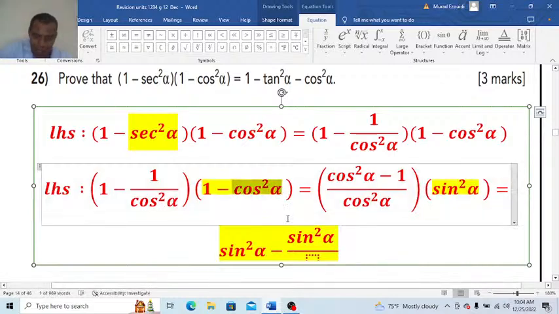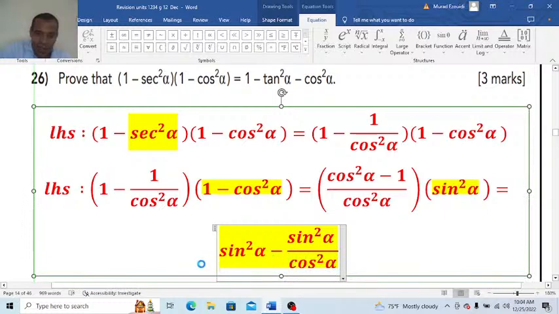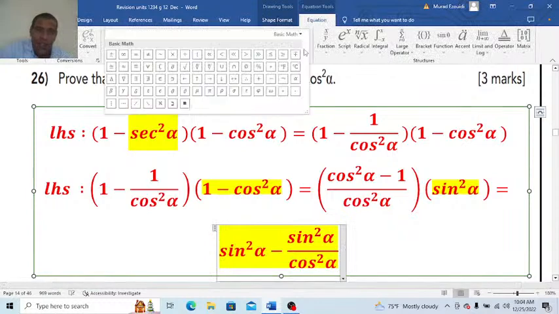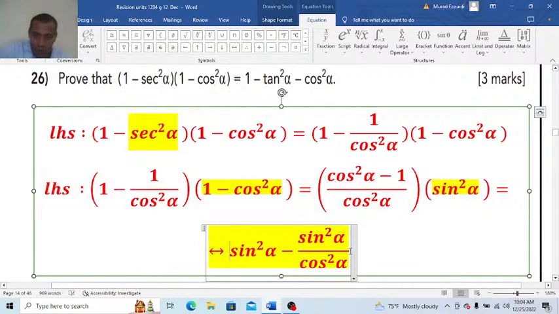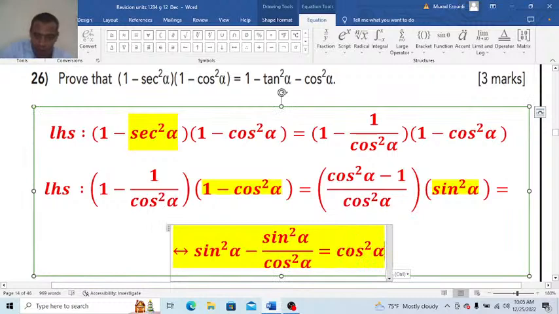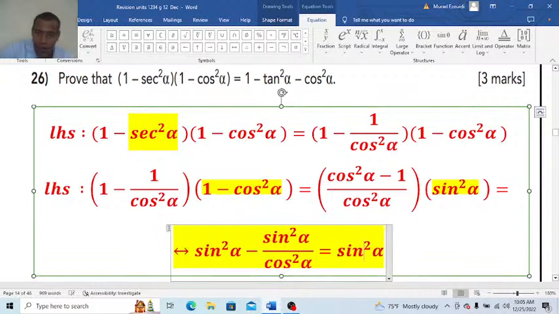But sine square over cosine square, you already know that is tangent square. So this one is equivalent to sine square minus tangent square. This one gives sine square minus what?